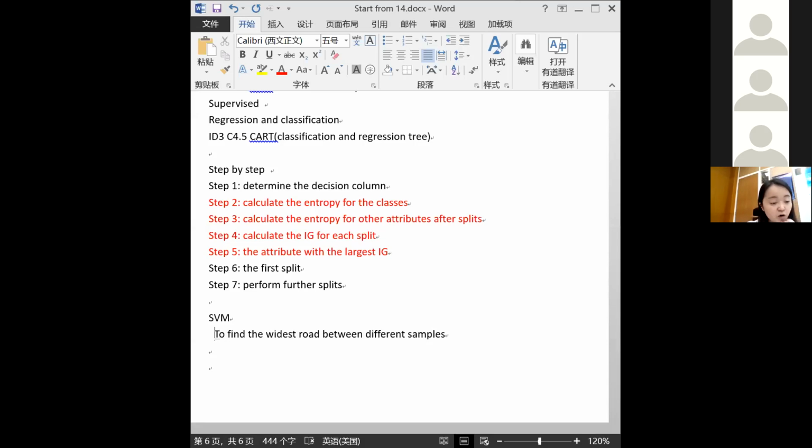Yes, please. By samples, you mean the clusters we have made, like 2 different clusters? Yes, between different classes. All right, thank you.